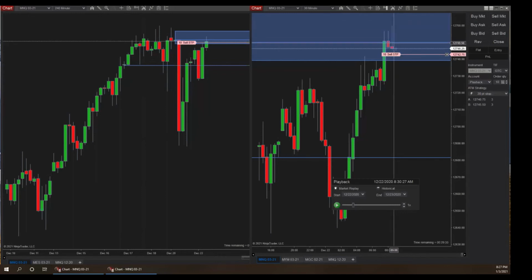But with Ninja, you have to wait until you're in the trade before you can set your stop loss. Mine is going to set it automatically because I have this set as an ATM strategy, just so I always put a stop loss on, and I just maneuver it where I need it to be based on where it gets me into the trade. But this is going to be approximately a 20 or so, maybe a little bit less, stop loss.